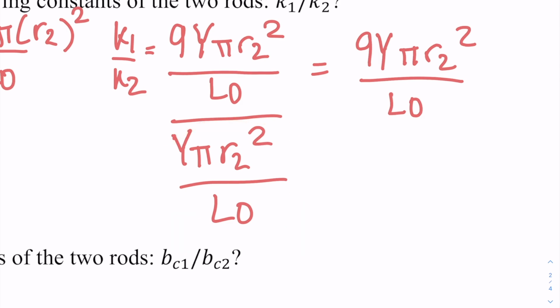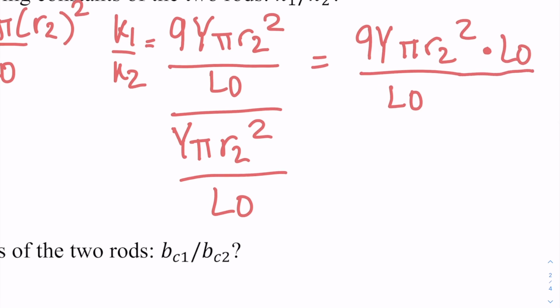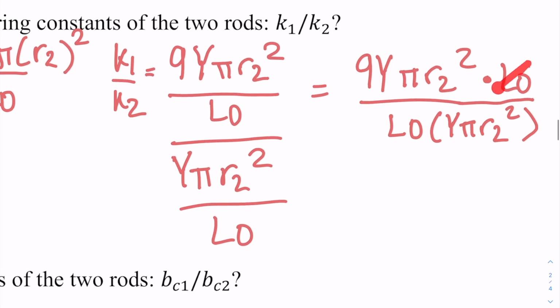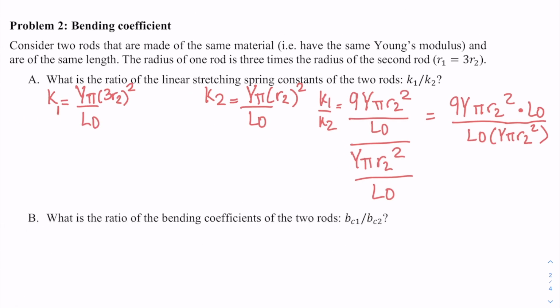So it'd actually be like saying times the original length and then divided by another Y pi R2 squared, right? So you can see there, this cancels out with this. And so you can see then that K1 divided by K2 should just leave you with 9. And so the ratio would just be 9:1.